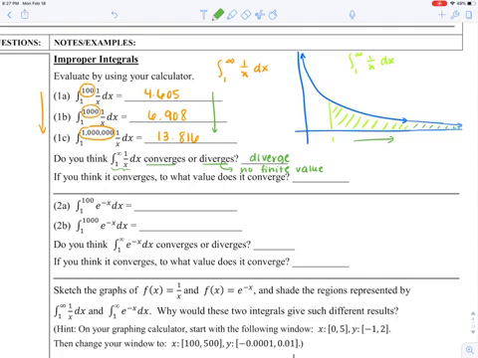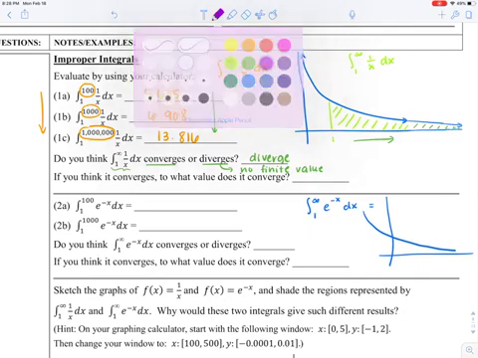But maybe let's look at something that does something a little bit different. Now we're going to look at an integral starting at 1, going on forever and forever, of e to the negative x. Now, e to the negative x is not a graph we encounter very often, but it is basically a decaying e to the x function.